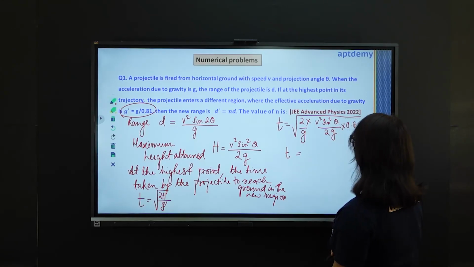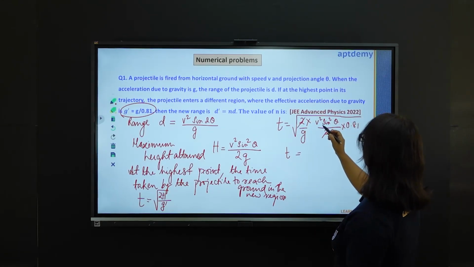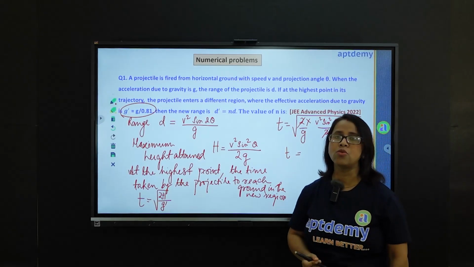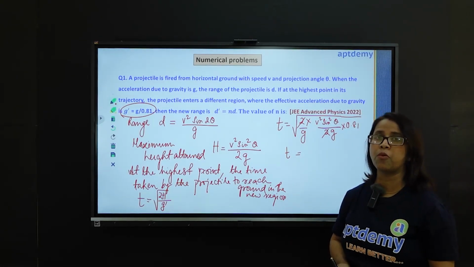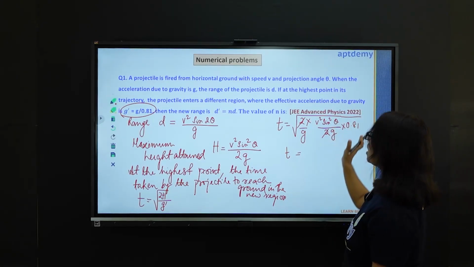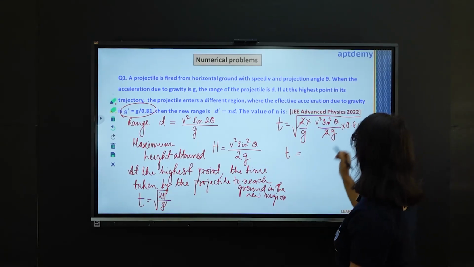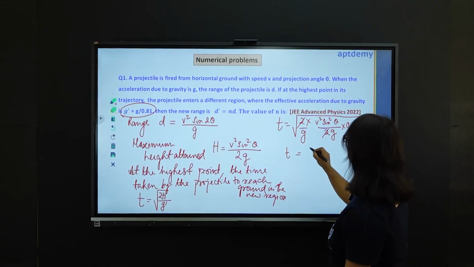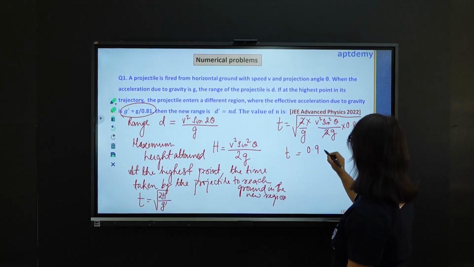So we have t equals, just have a look at this, v times the square root over v square sine square theta by g square times 0.81. So 0.81 is nothing but 0.9 whole square. So taking the whole thing outside the root, what we have is 0.9 v sine theta by g.